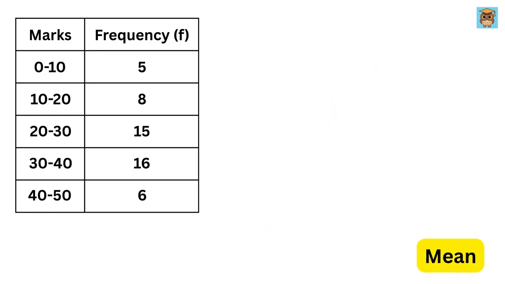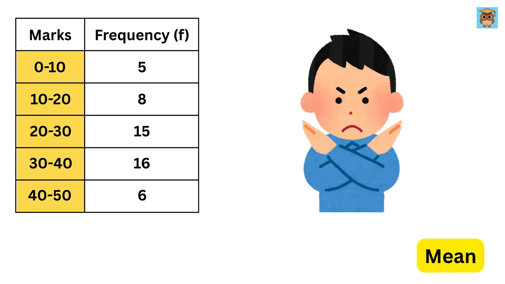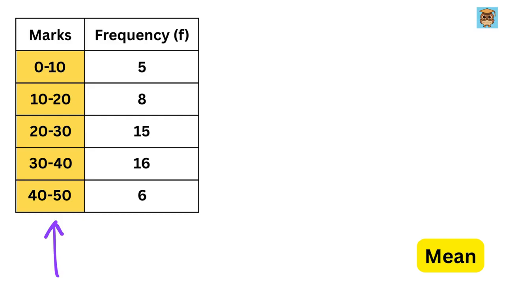Okay, to find the mean, first we need to calculate the midpoint of each class interval. The reason we need the midpoint in this case is that we are dealing with grouped data, where individual data points, such as each student's exact score, are not available. Instead, we have a range of values for each class interval, and we need to represent each class by a single value.